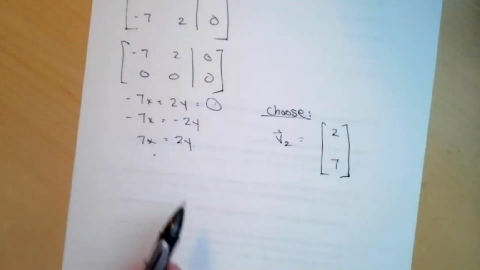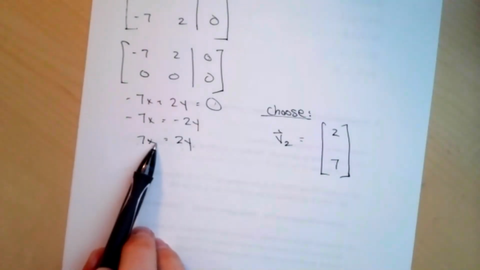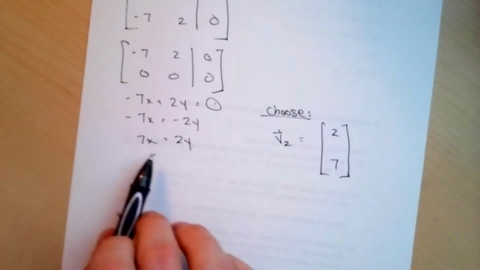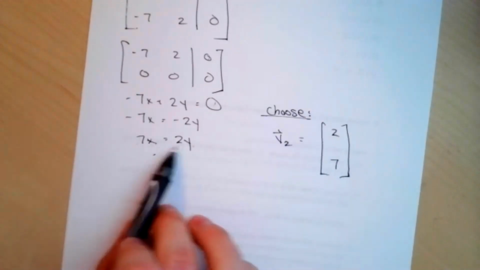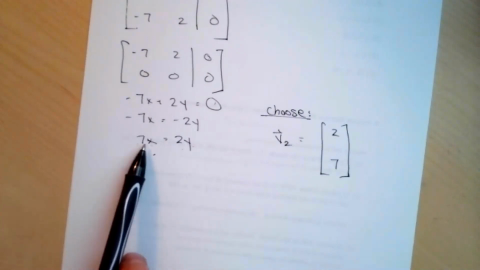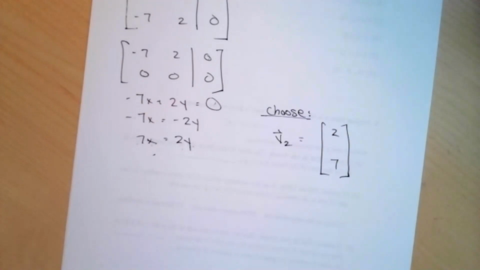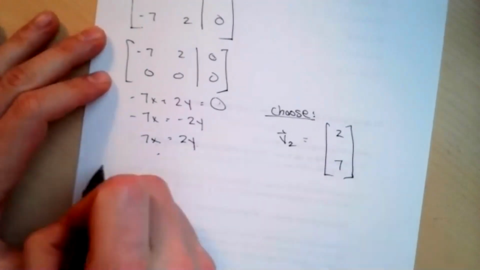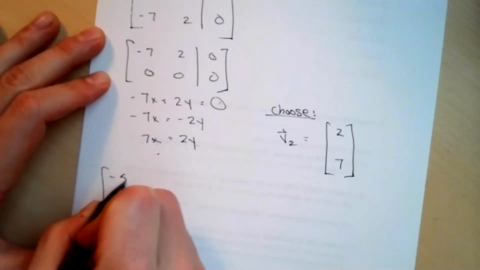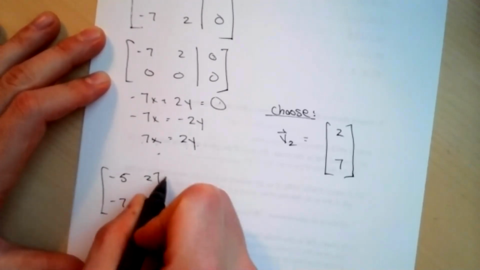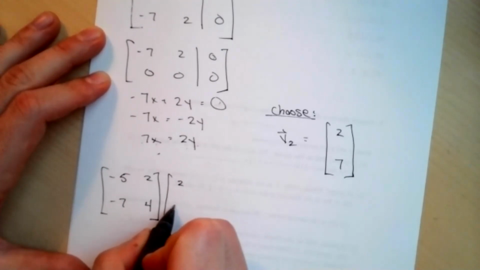Again, you could normalize that, or if you choose x is equal to 1, y is equal to 7 halves, it would work just as well. But if you want to pick whole numbers, that's kind of an easy way when you get equations like this, because we'll have 7 times 2 equals 2 times 7. And then, of course, we check. Minus 5, 2, minus 7, and 4 acting on 2, 7.